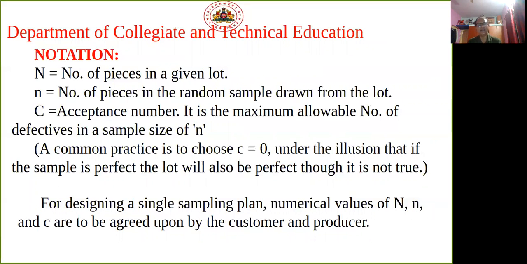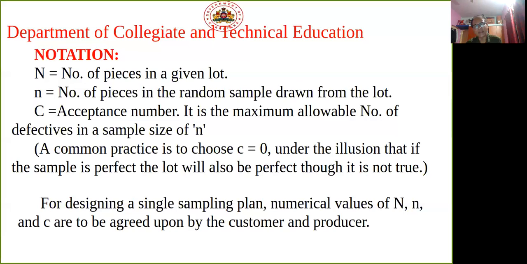And c is the acceptance number, which comes from the agreement between the customers and the producers. It is the maximum allowable number of defectives in a sample of size n.